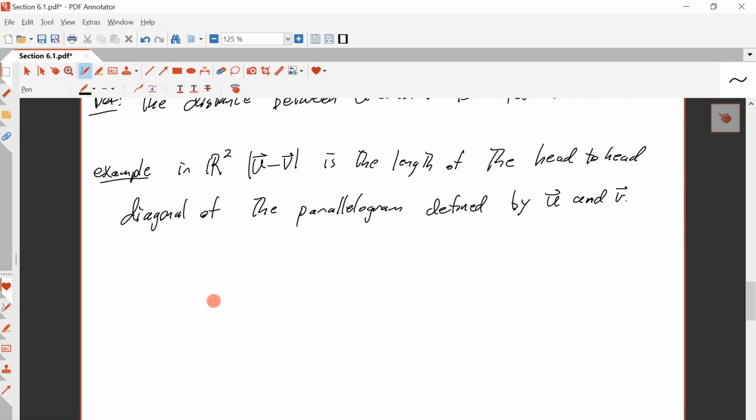So u plus v is one diagonal of that parallelogram. That's the tail, head.